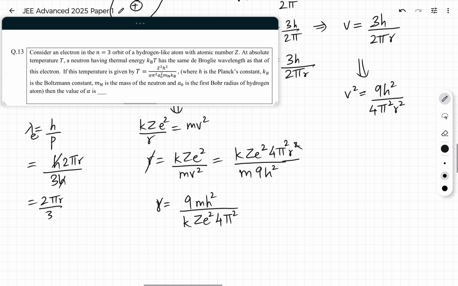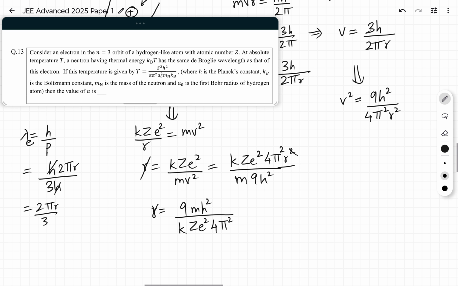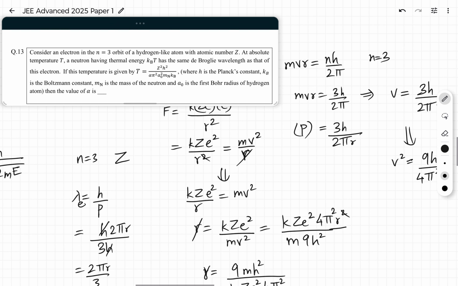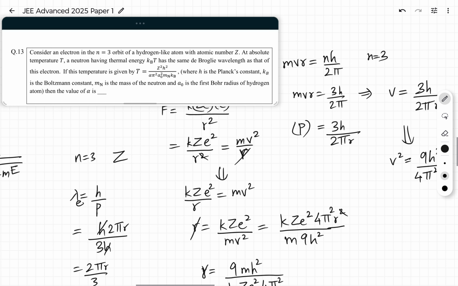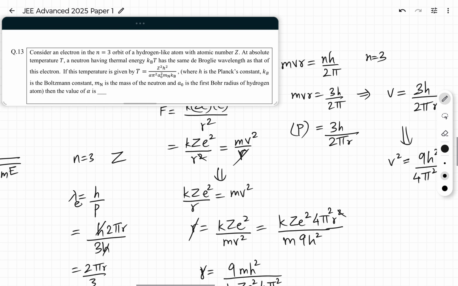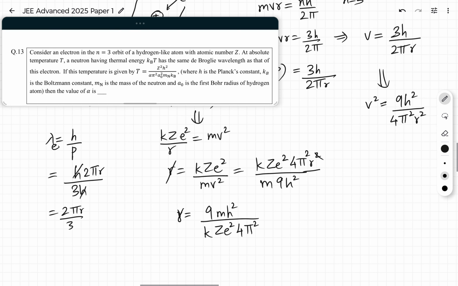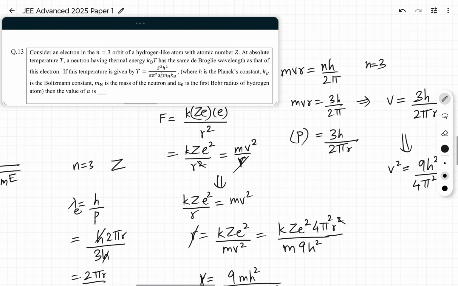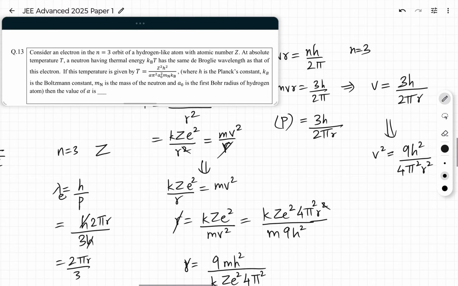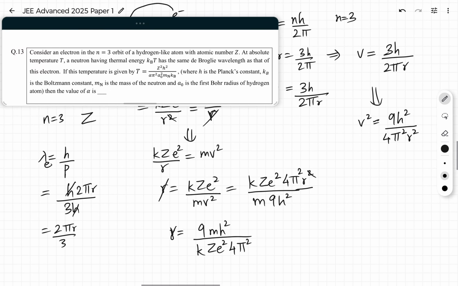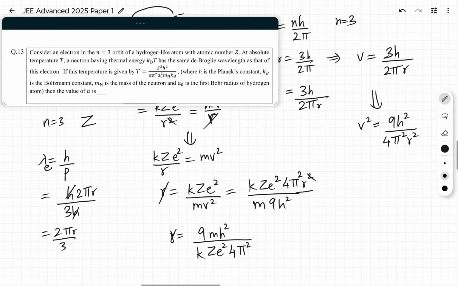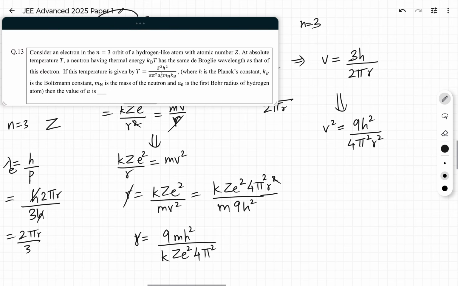Now we also know that, well, we started with n equals 3, but we need to bring in the Bohr radius of the hydrogen atom, which is r for n equals 1.